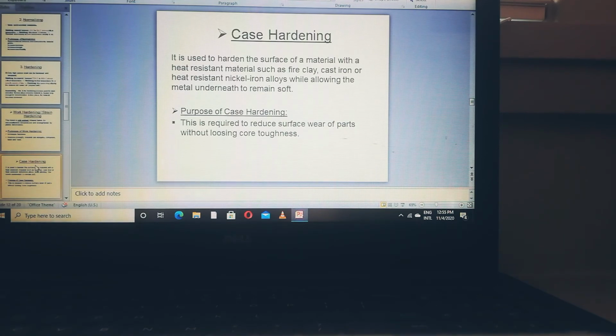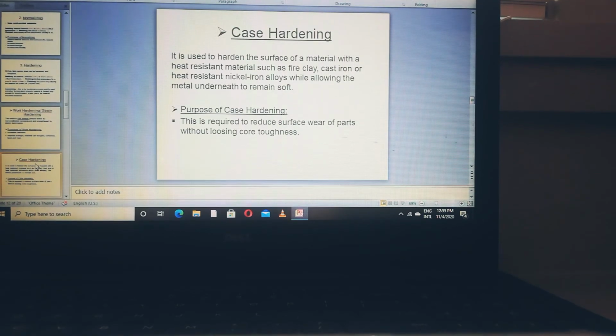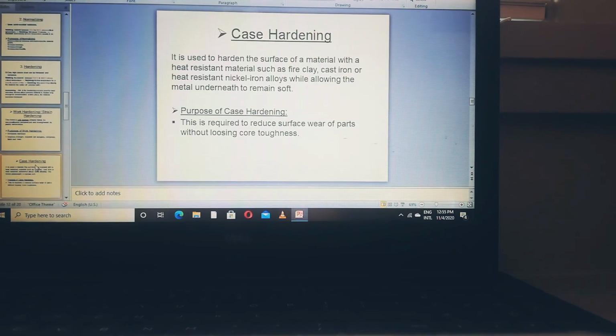Under case hardening, we only harden the surface of a material. The purpose of case hardening: we case harden the material to reduce the surface wear of parts without losing the core toughness of the material.